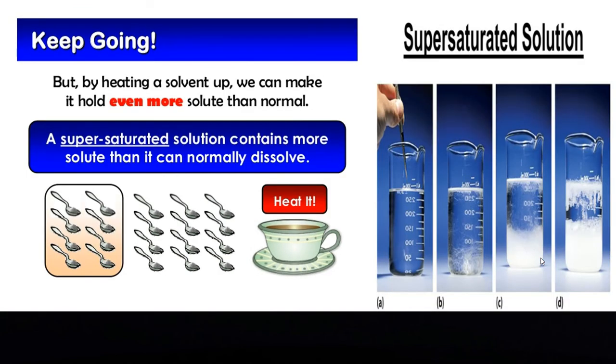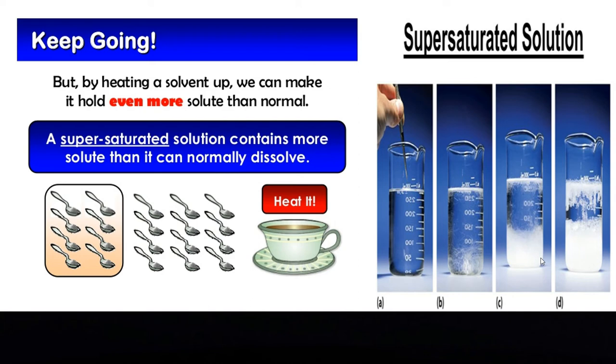But we can keep going. If you add heat to the solvent, it'll help those molecules, because what does heat do to molecules? How do they move? Correct. They move very quickly, and they're going to move around so that you'll be able to add more solute to it. We talked about saturated, now it's supersaturated.